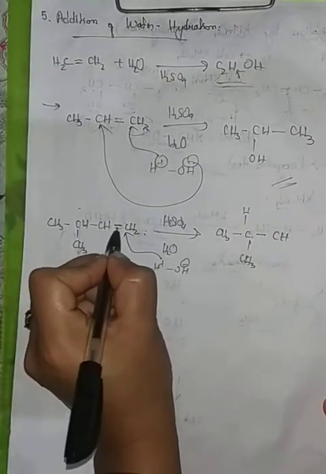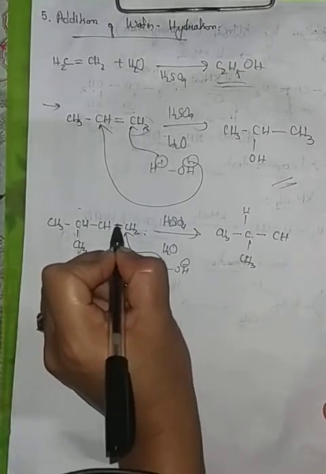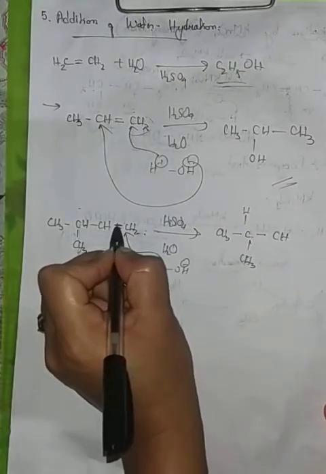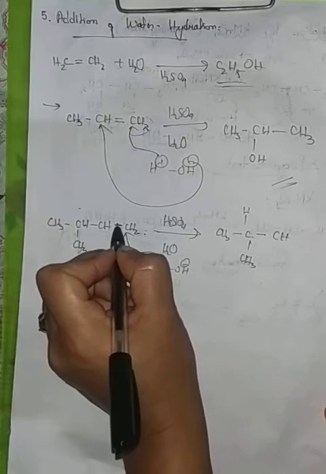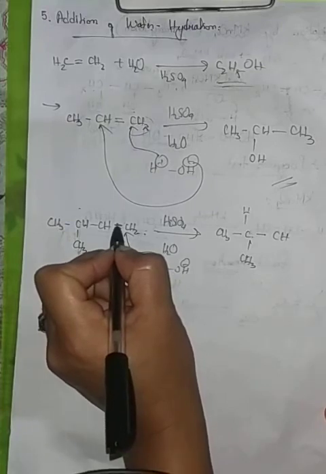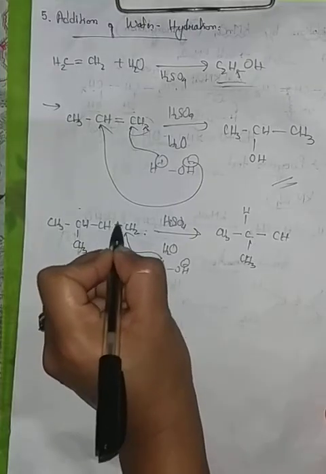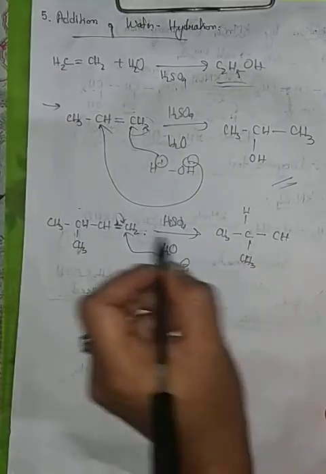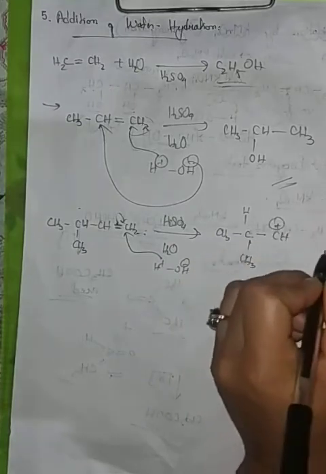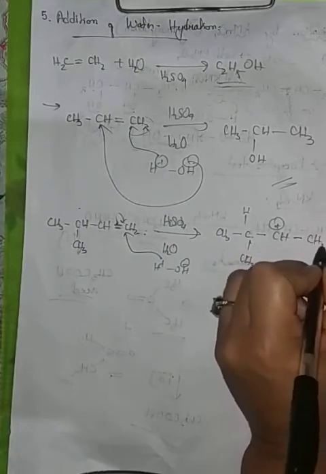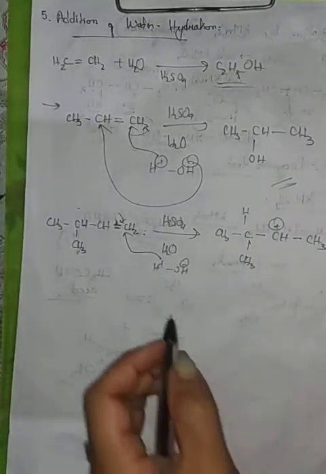Now the double bond breaks up, leading to the formation of a carbocation, because when Markovnikov's rule is followed, a carbocation should always be formed. But if anti-Markovnikov's rule is followed, free radicals are formed. This carbon atom would have a positive charge, and then we would be getting here CH3.